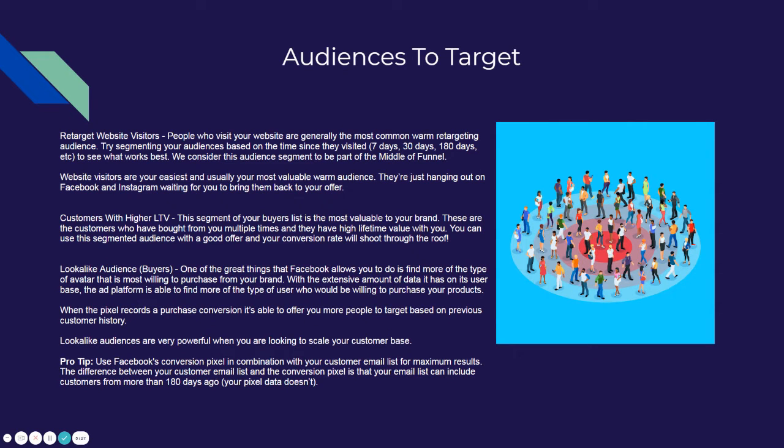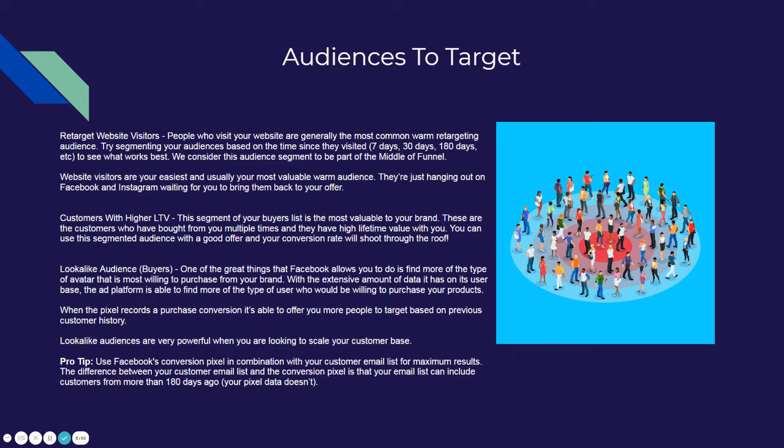Now, again, in the initial Loom audit case study that we gave you, we spoke about audiences to target. So I wanted to go over a few more of these today, which are really, really good. Retargeting website visitors. People who visit your website are generally the most common warm retargeting audience.